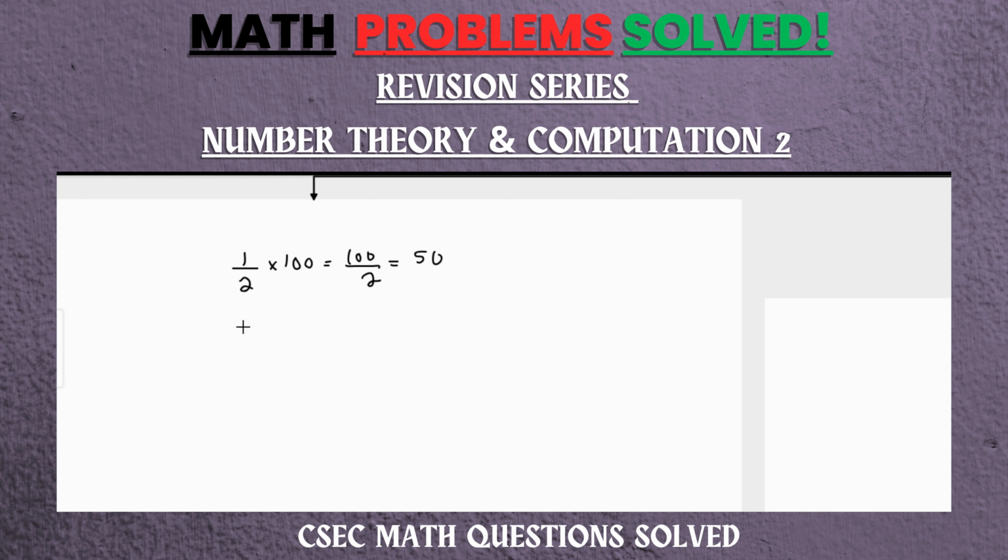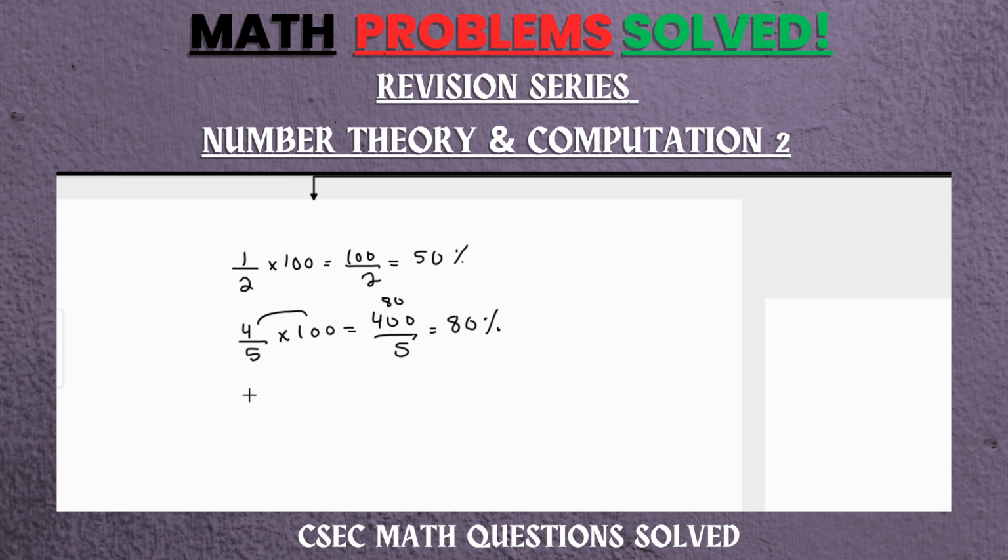Similarly, if you have a number like 4 over 5, it's a fraction. If you have to convert it into percentage, you will times it by 100, right? So it will become 400 divided by 5, and so it will become 5 times 8 is 40, and 5 times 0 is 0. So it will become 80%, right?